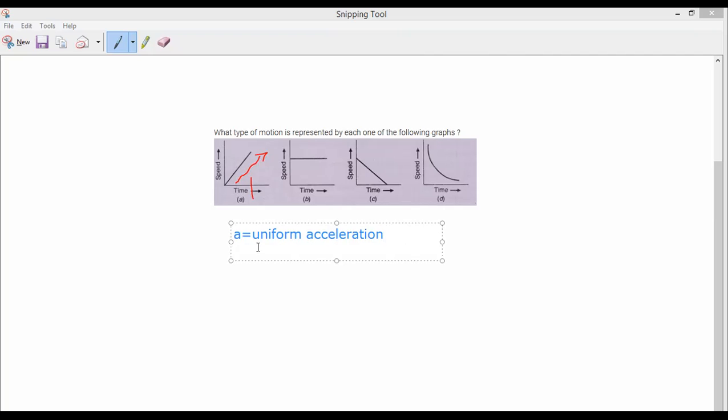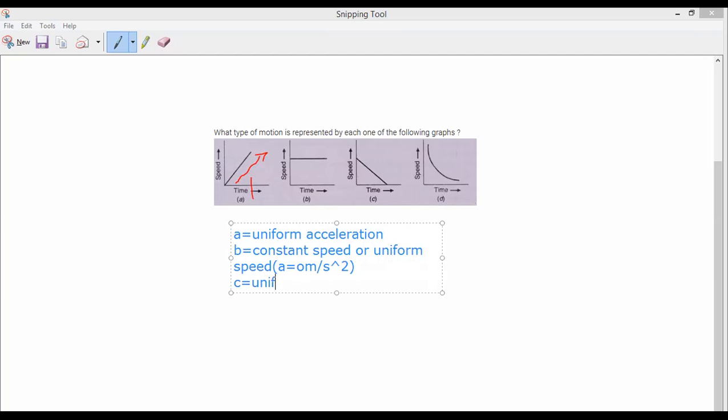Next, speed and time. What is the B question? Constant speed, or uniform speed. Uniform speed means, in the sense of what? Zero acceleration. A equals 0. Yes or no, Pradosh? Next, C graph. Tell me, C graph what?